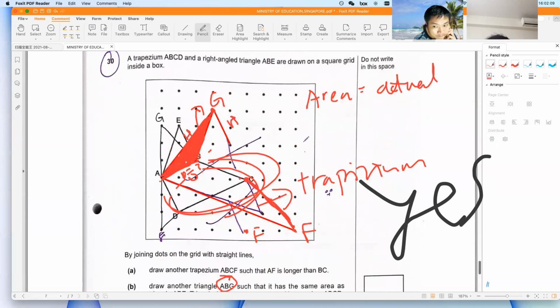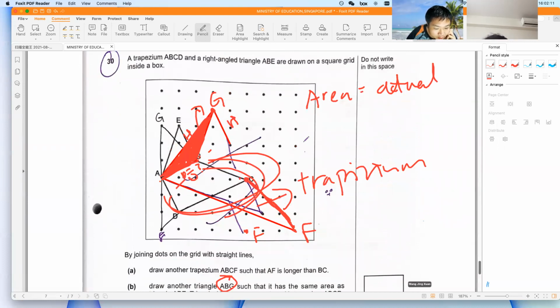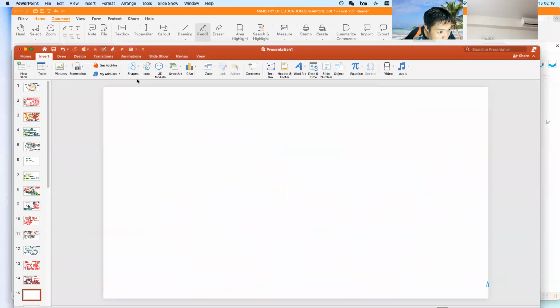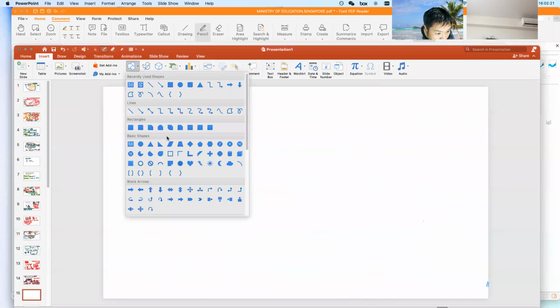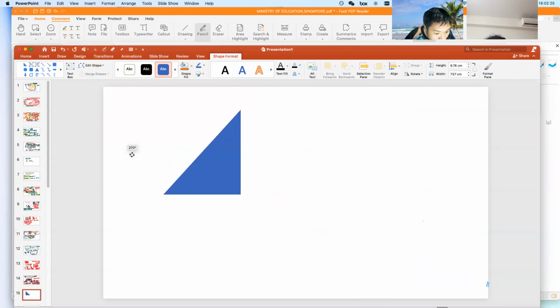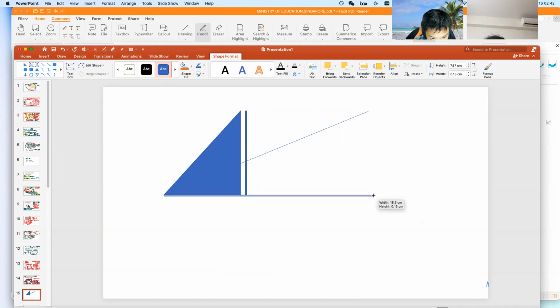Okay. So what they are testing you here is this. Let's say you are given a right angle triangle. What they are testing you is you want to have the same area. What you need to do is this. So let's say the height is this. So this is the base.